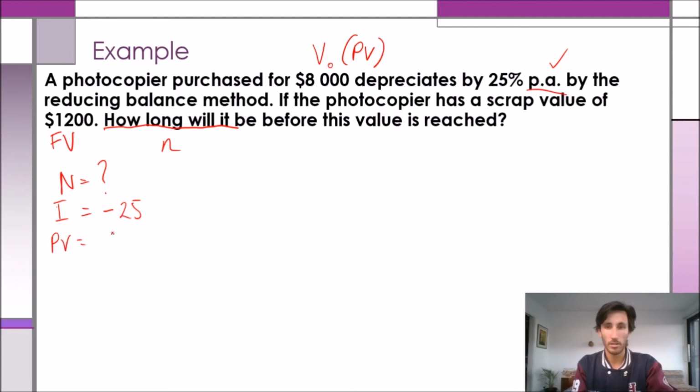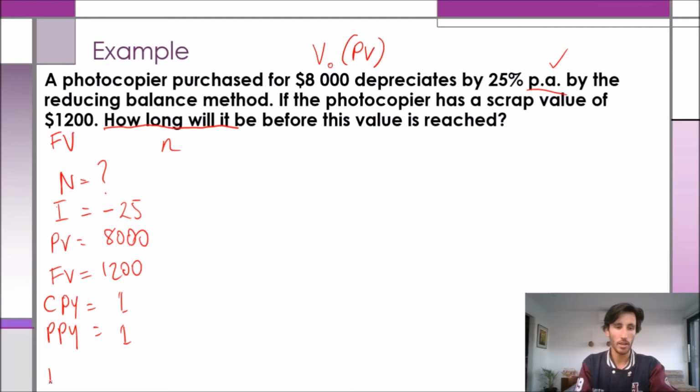PV is 8,000. FV is 1,200. Compounds per year and payments per year is equal to 1. They're both equal to 1, and I forgot payment is equal to 0 because we're dealing with compound interest. We haven't got any regular payment yet.